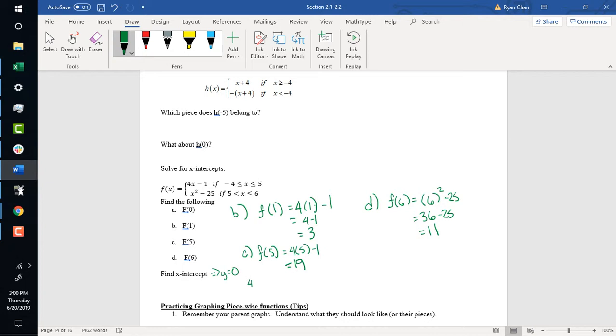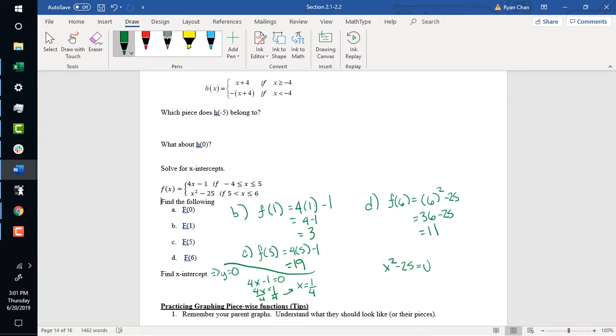So I set 4x minus 1 equal to 0, and I have 4x is equal to 1. Divide both sides by 4, and I have x is equal to 1/4. And then I'll also set x squared minus 25 equal to 0.